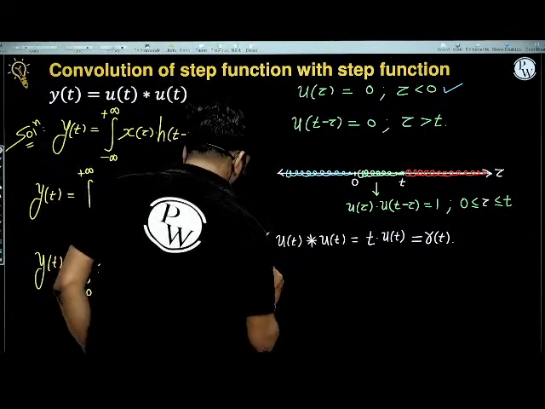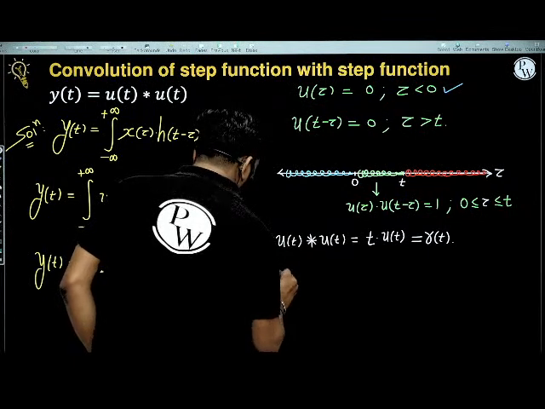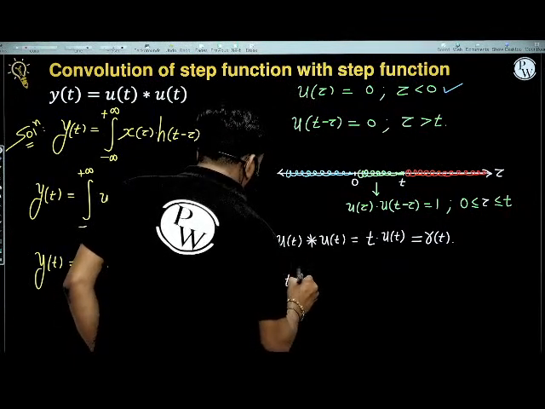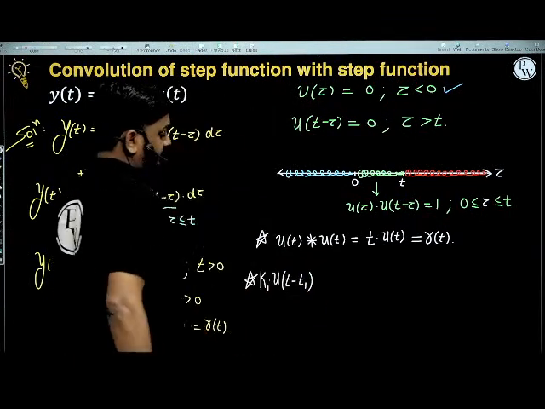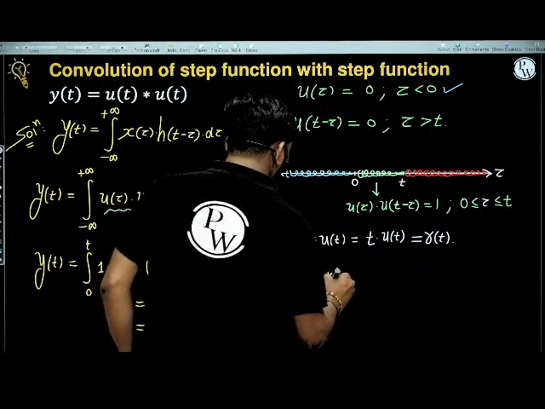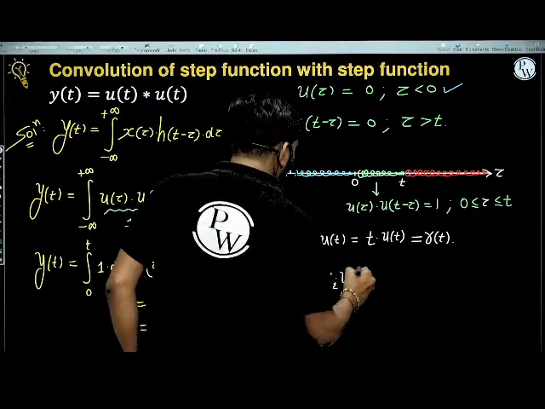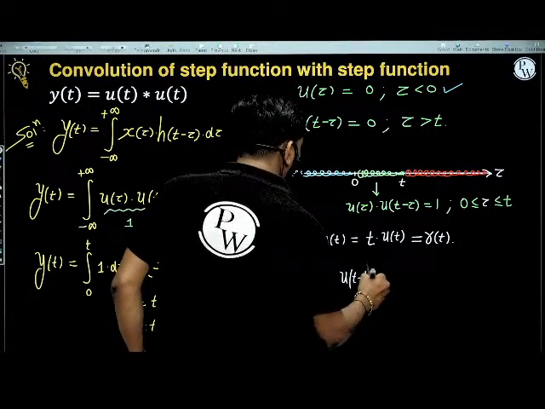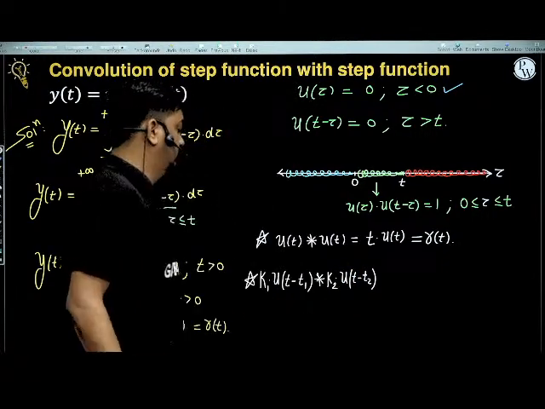Again see, this is multiplied with k1 and u of t minus t1, correct? Convolution with this, multiplied with k2, and this is u of t minus t2, correct?